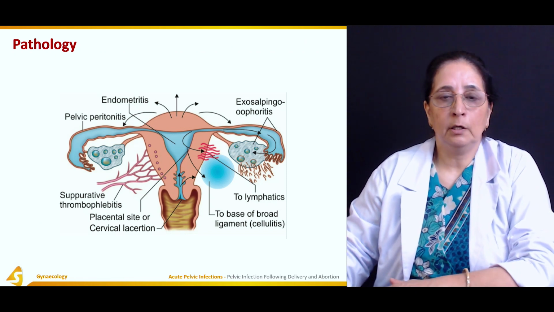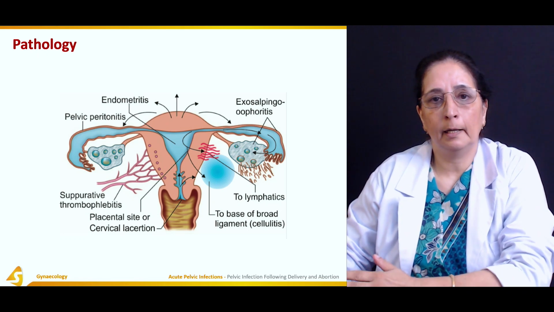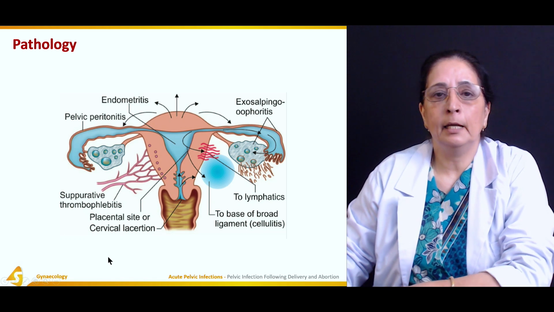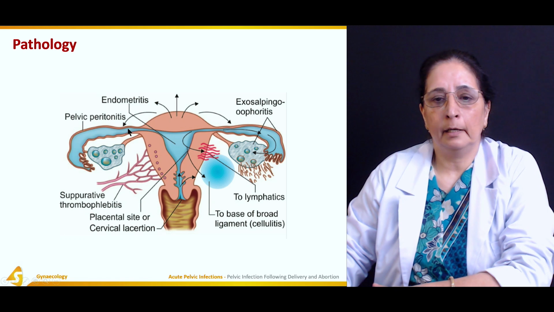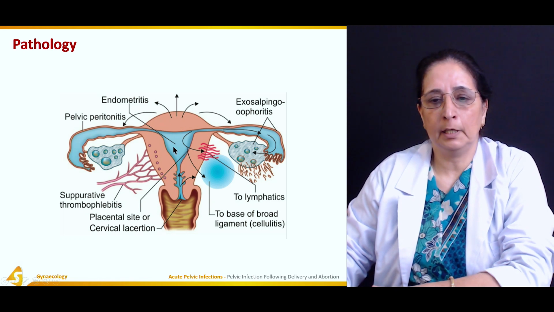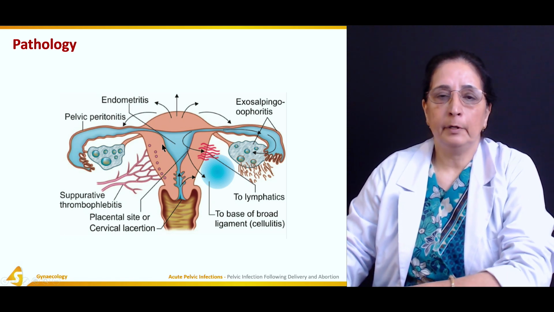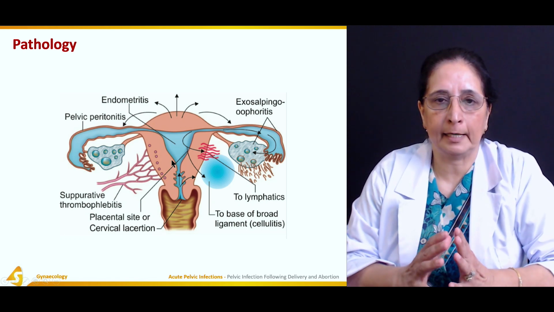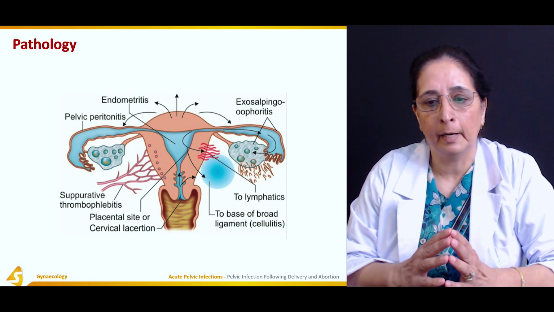The pathology of the post-abortal or postpartum pelvic infection is, as with any other infection, that once the infection is present in the endometrium, it is endometritis, because usually the endometrium is affected after the abortion or when the D&Cs are performed.